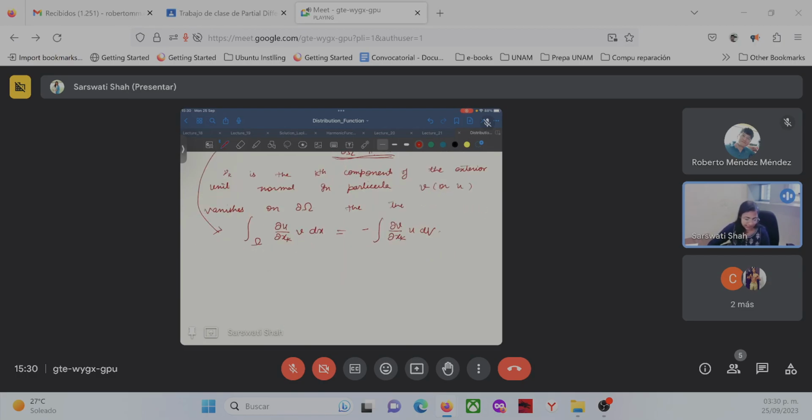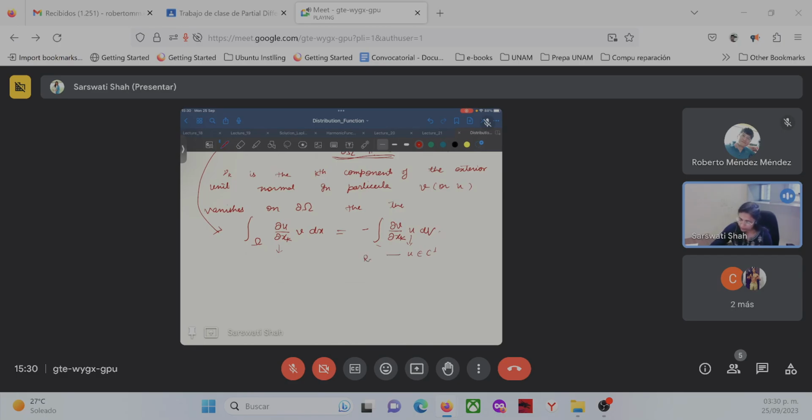Now you can see that if we are assuming that either v or u vanishes on the boundary omega, then we don't need the necessity of u belonging to C1.